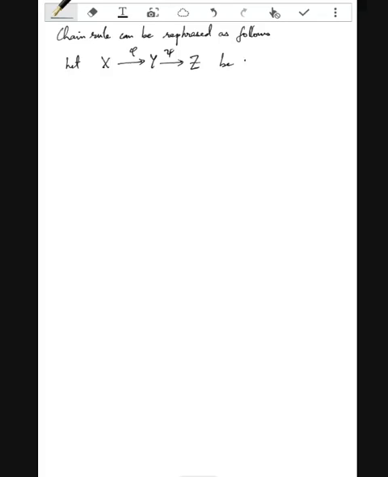Then the differential of psi composed with phi at p is equal to d psi at phi of p composed with d phi at p.